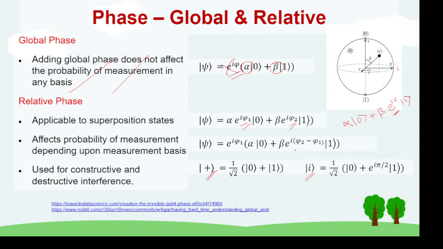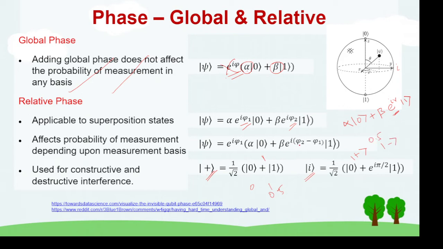If our measurement basis is z, that is 0 and 1, then there is no difference. Both 0 and 1 will occur with 0.5 probability. But if our measurement is in x, then what happens? This will result in probability 1 for plus, whereas this will have both plus and minus with equal probability of 0.5 each.